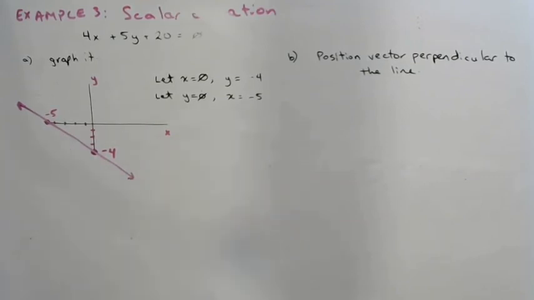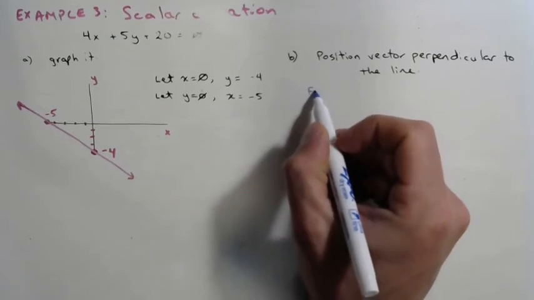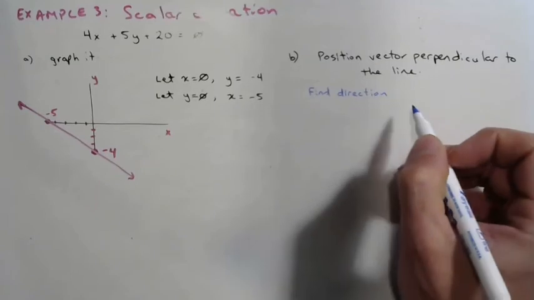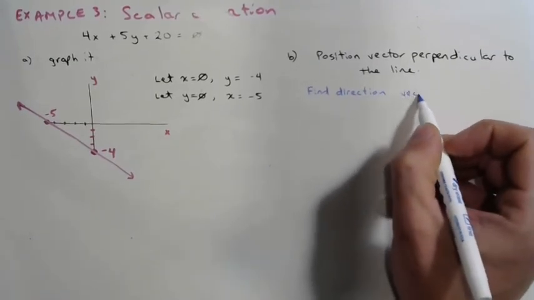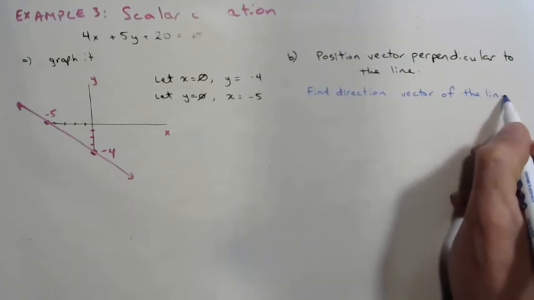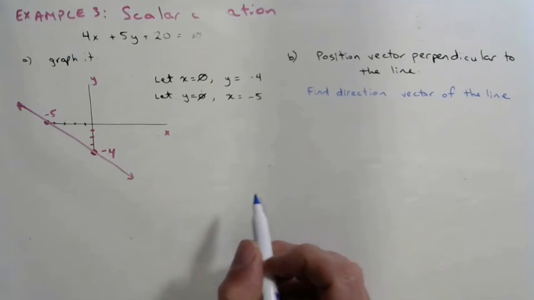So let's figure out how to do that. Basically, we're finding first the direction vector of the line that's given. So step 1 is determine the direction vector of the line.